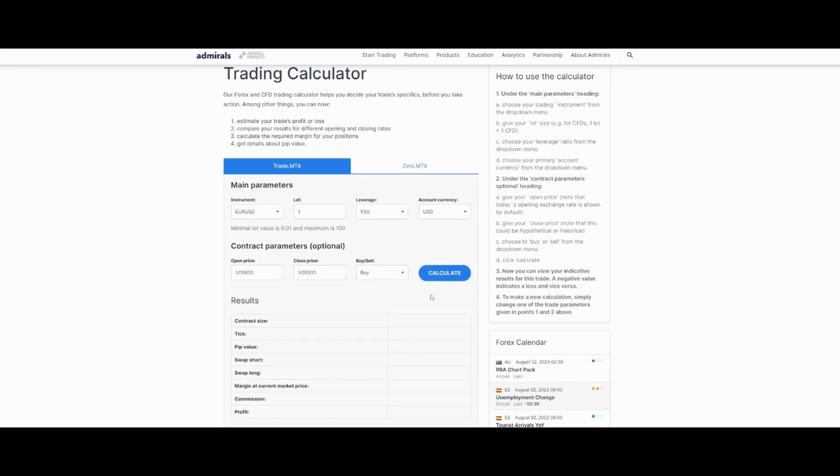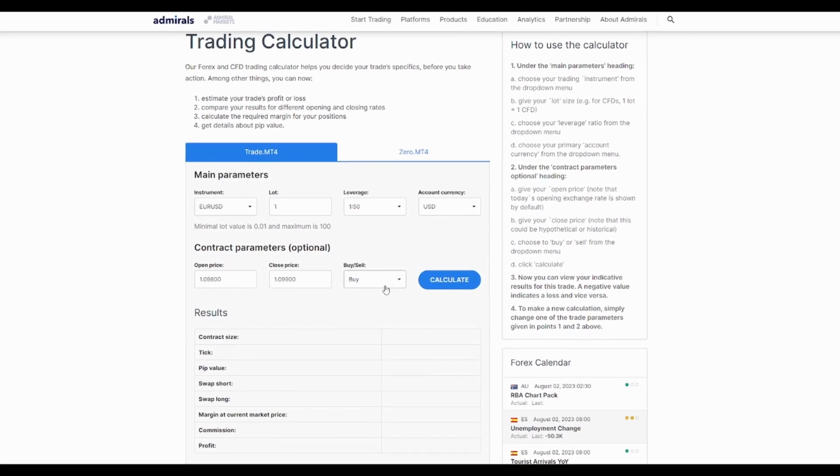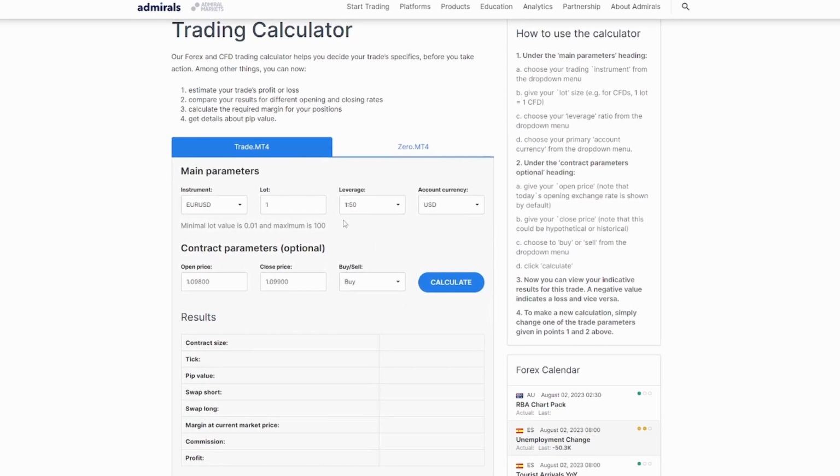There are plenty of Forex calculators online that help you calculate your trading size, position, profit, and margin. This one, for example, you can select the instrument, so we were looking at the Euro USD. We can select one lot, and for leverage, we'll choose 1 to 50. You can enter your opening price and closing price. So I've chosen 1.098 and 1.099.